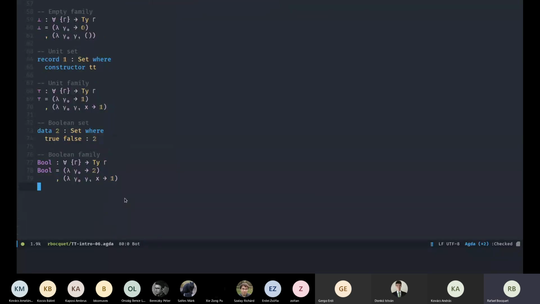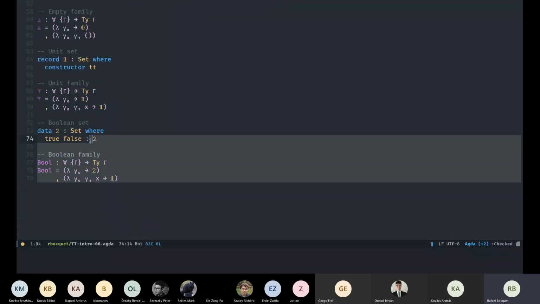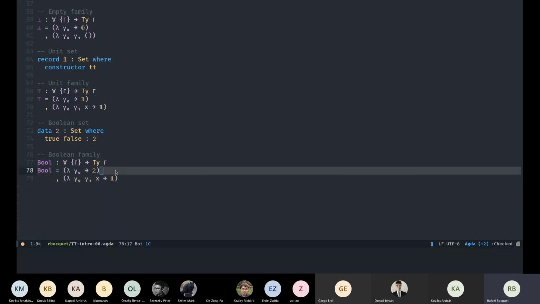Okay. So here it's a bit interesting for the family of Booleans, because the choice between true and false is made in the first set and not in the family.